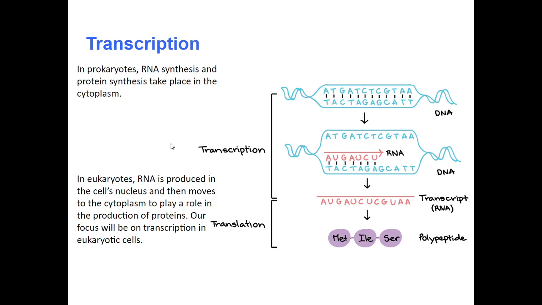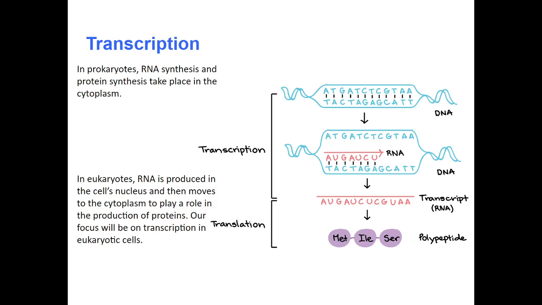Now, this happens both in prokaryotes and eukaryotes. Remember, prokaryotes are pretty simple. They just have a circular shaped DNA called a plasmid, and it's all outside of the nucleus, and it just happens. But for eukaryotes, because the DNA is so large, and it's found inside of the nucleus and protected, we have to go through this several step process.